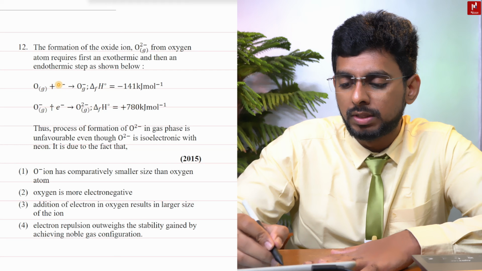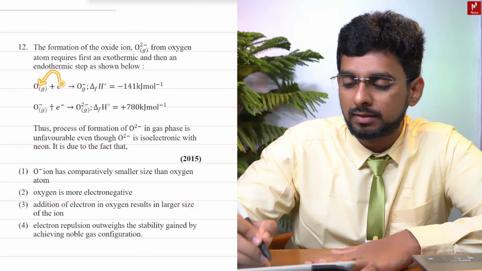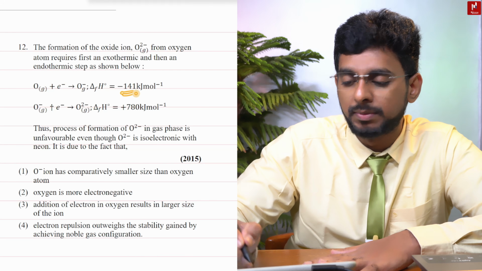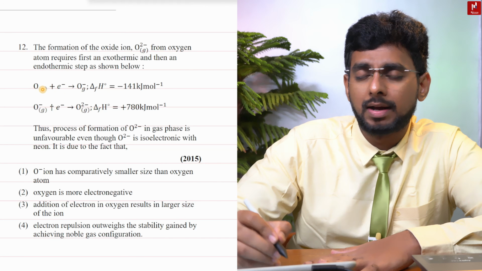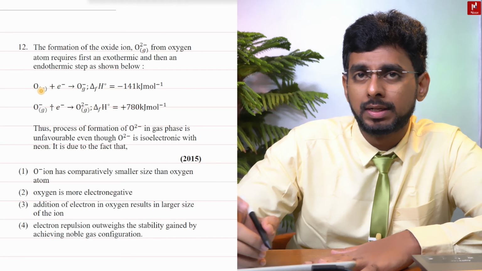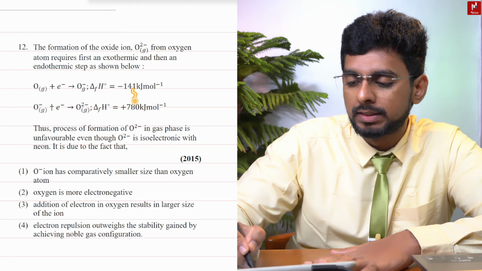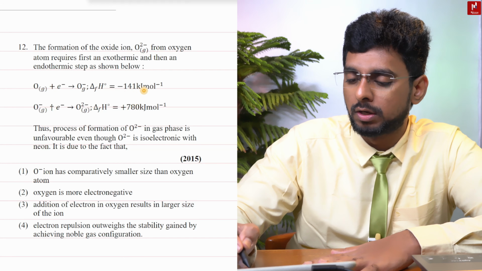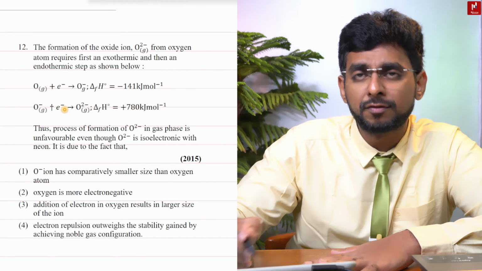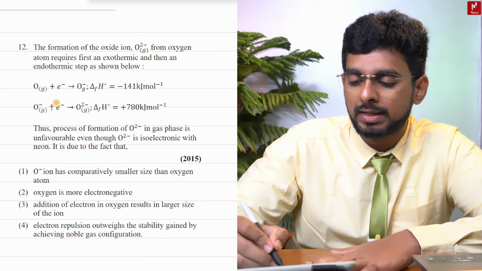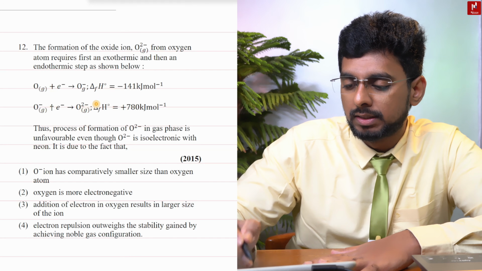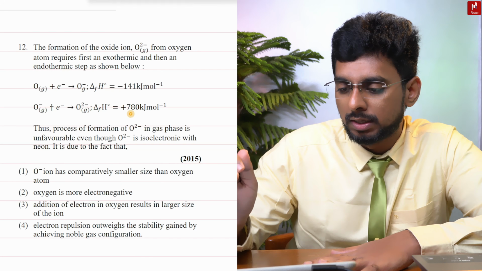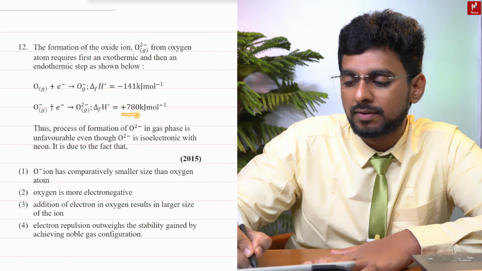Fine. With respect to the first electron that I'm going to add, that's obviously going to be negative, which means energy will get released. So when I add one electron to O, it obviously releases energy, -141 kilojoule per mole. Then for the next step, when I add the second electron, it becomes O2-, but in this situation, I'm the one who is going to give the energy to it, which is +780 kilojoule.